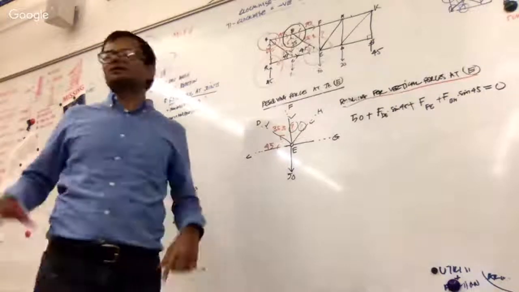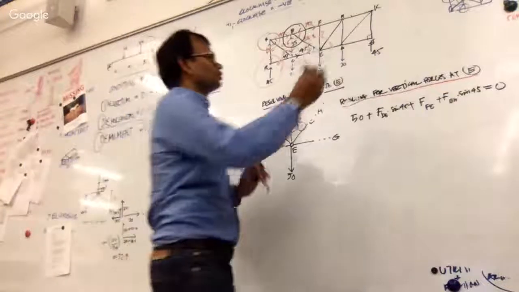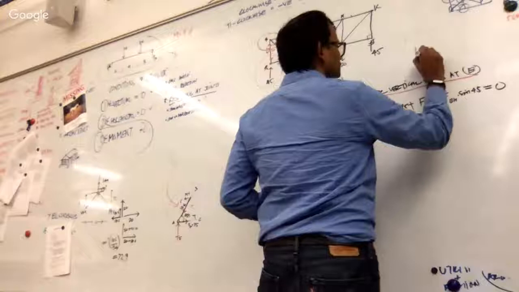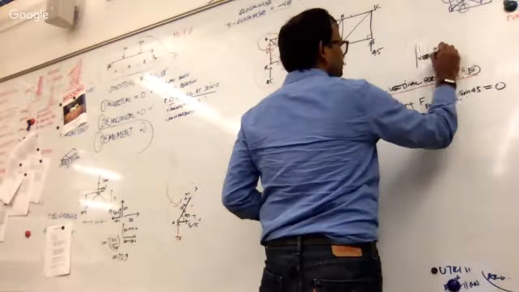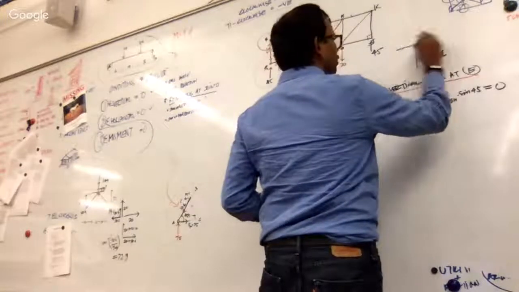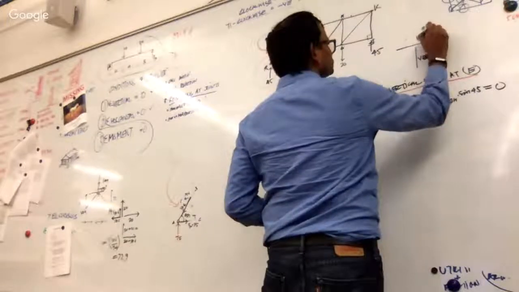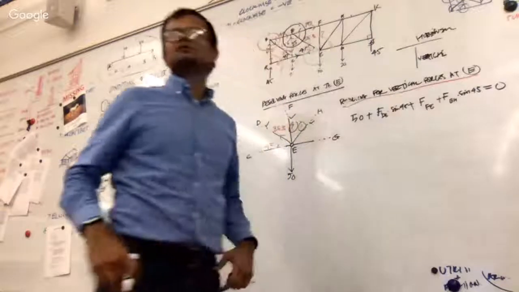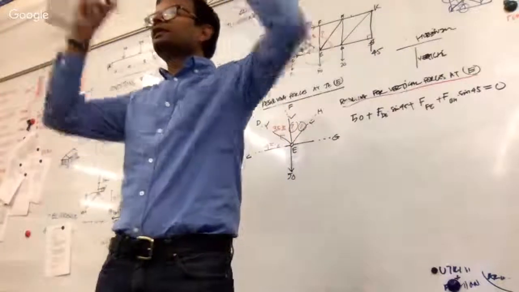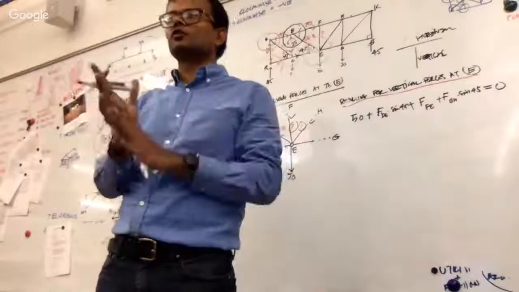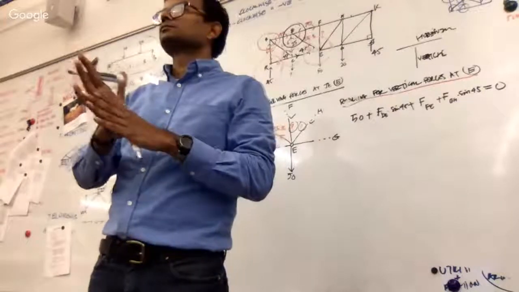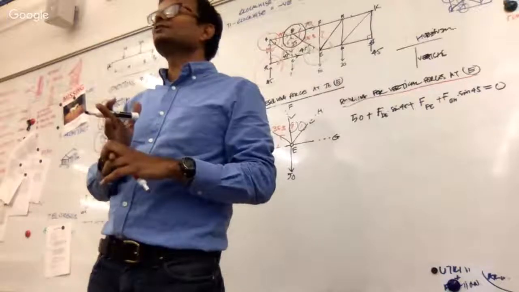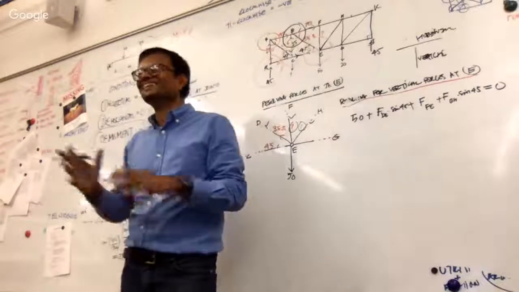Do you guys remember when I taught you that a vertical force cannot become a horizontal force? Remember, a vertical force can never become a horizontal force. I've been saying that for the past 6 classes.